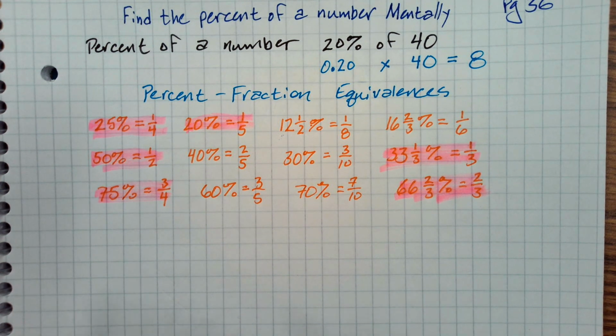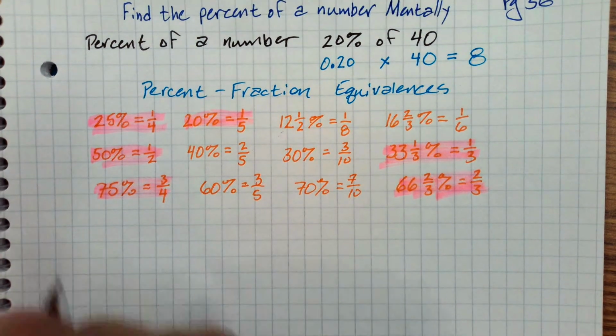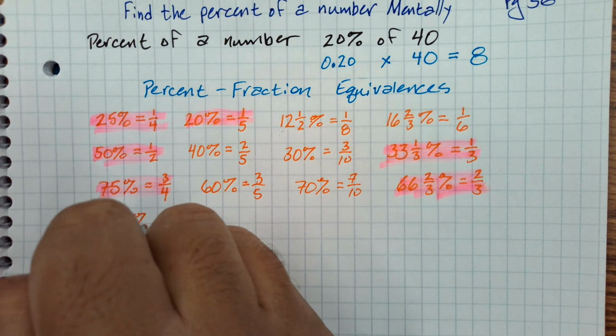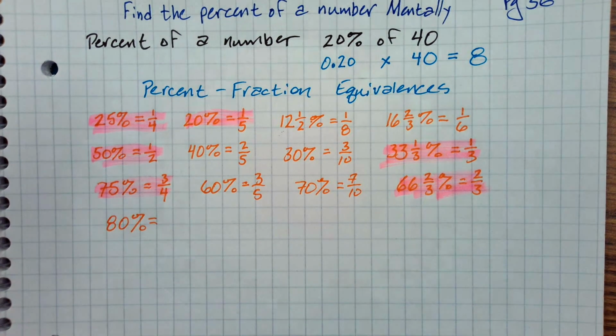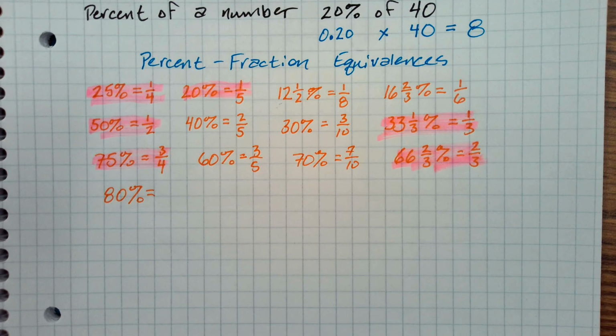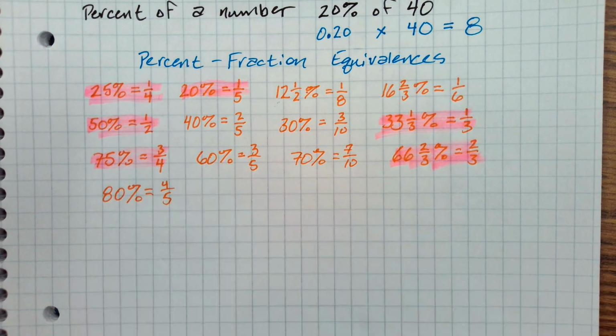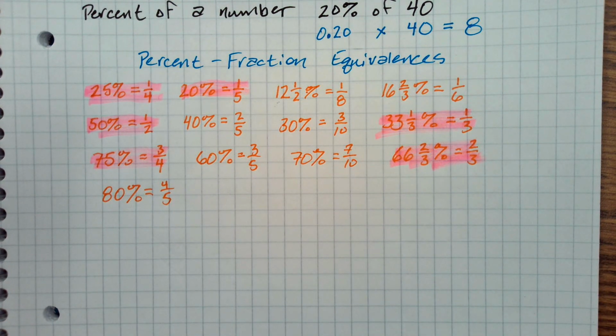Let's just do a few more. 80%. What can we do for 80%? We'll do 4/5. Okay.